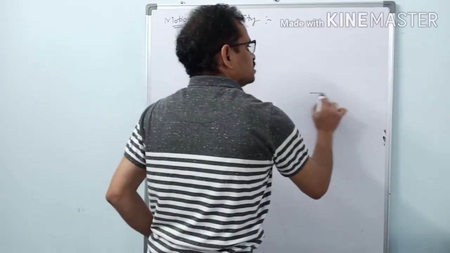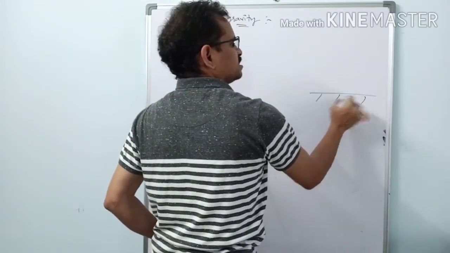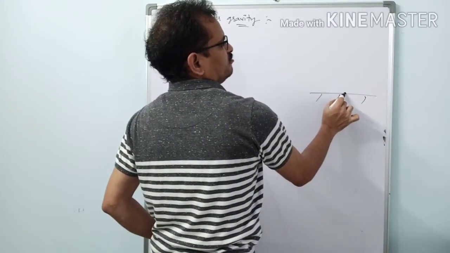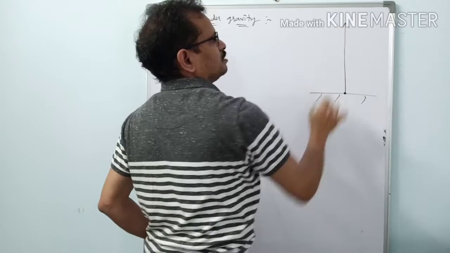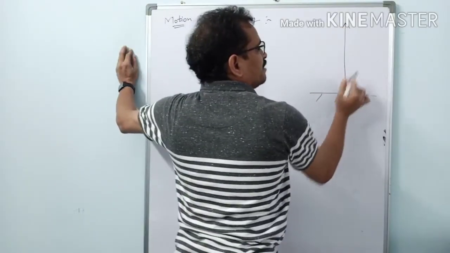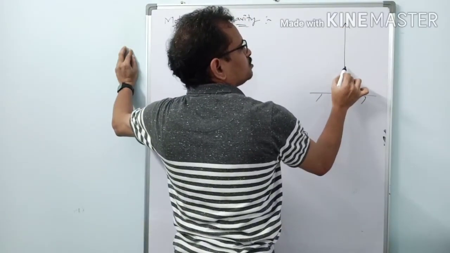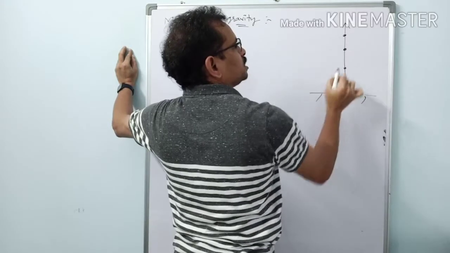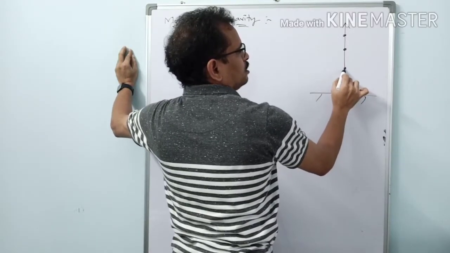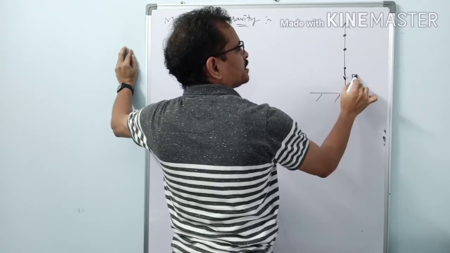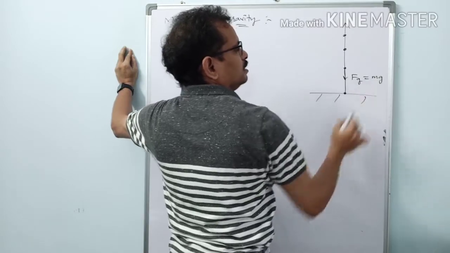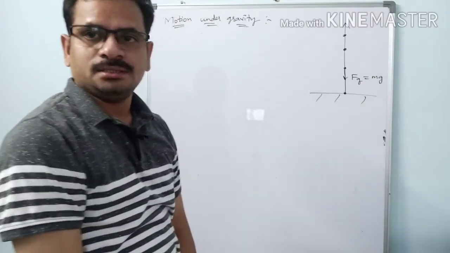Suppose this is land, Earth's surface, and we project a body in a vertically upward direction. What happens? Earth's gravitational force acts on this body. At any position, this body is acted upon by the gravitational force of Earth, Fg equal to F equal to mg.